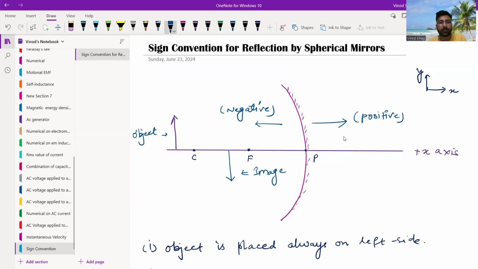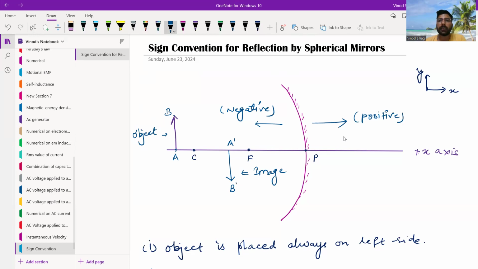Let's say this point is B and here A. So the height of the object will be taken as AB. And similarly, the height of the image will be taken as A'B'. That means they are measured perpendicularly, or we can say vertically, from the principal axis.